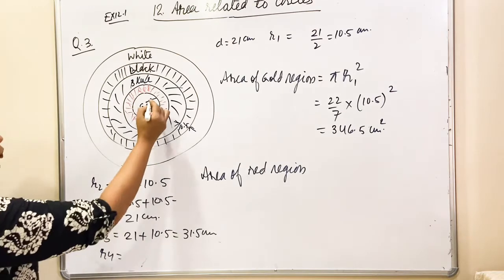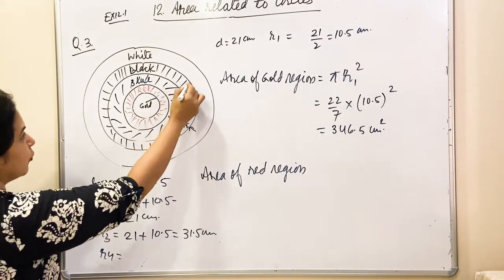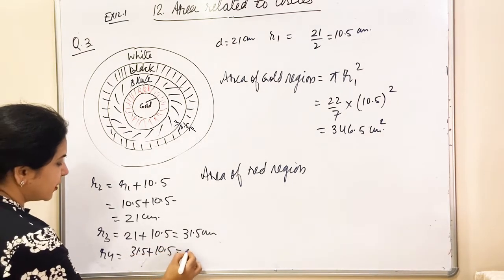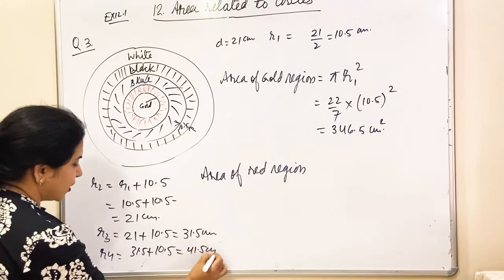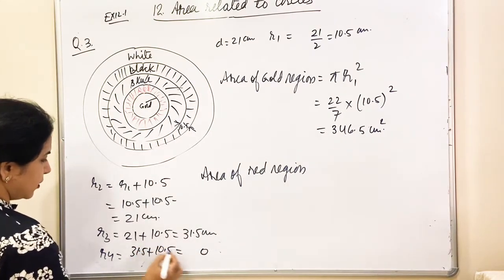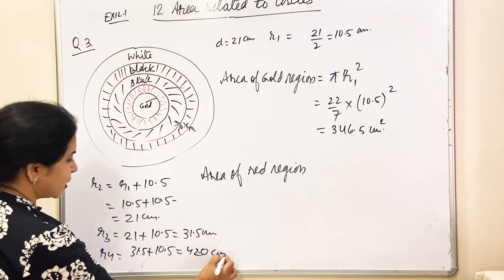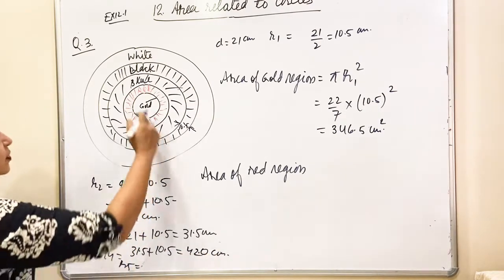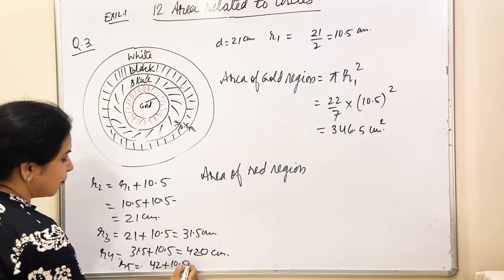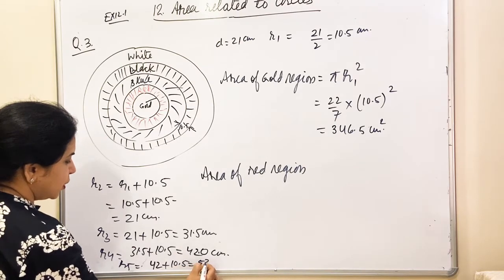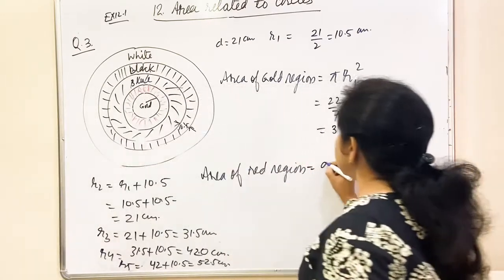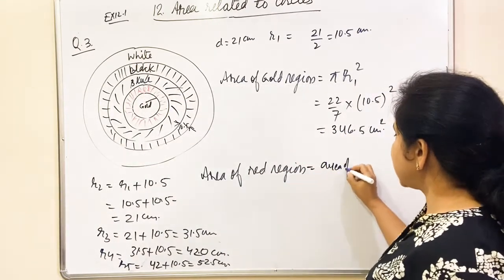Radius of fourth circle is 31.5 plus the width, that is 42 centimeter. And radius of the fifth circle is radius of fourth circle, that is 42 plus the width, that is 52.5 centimeter.